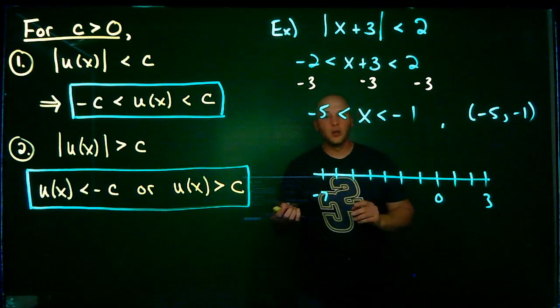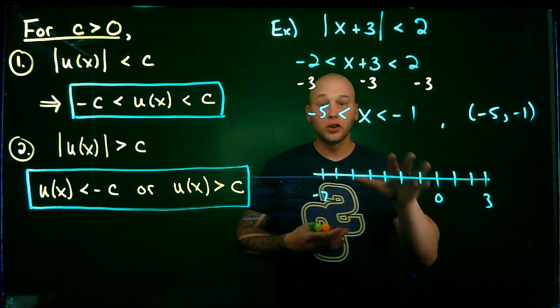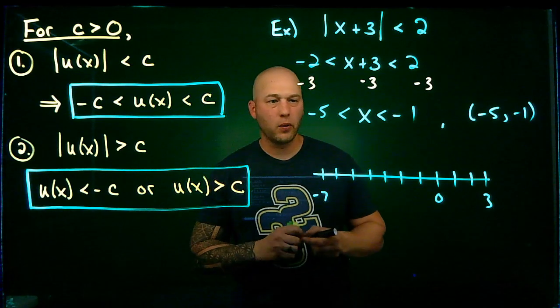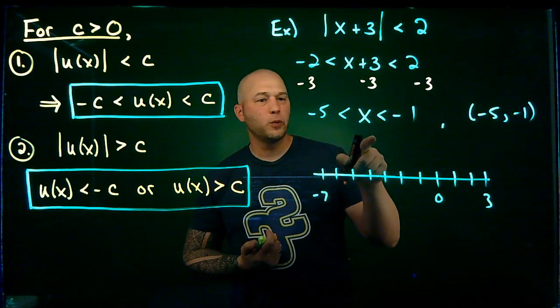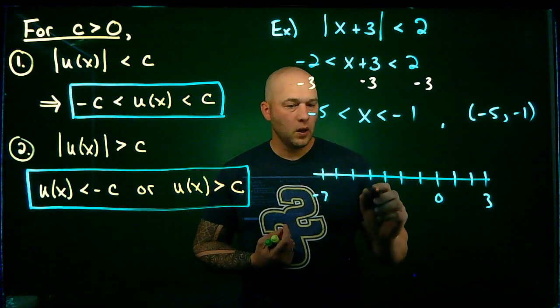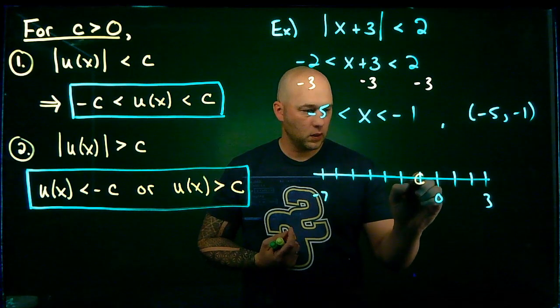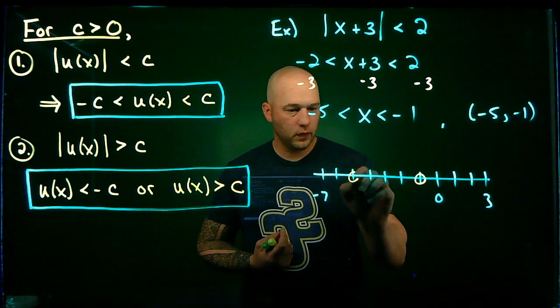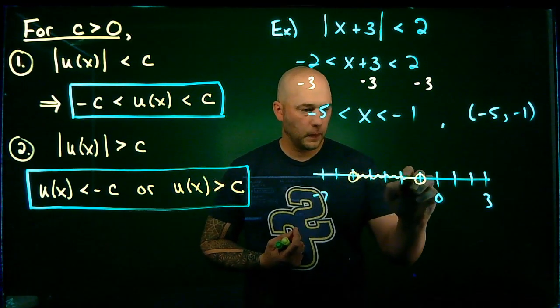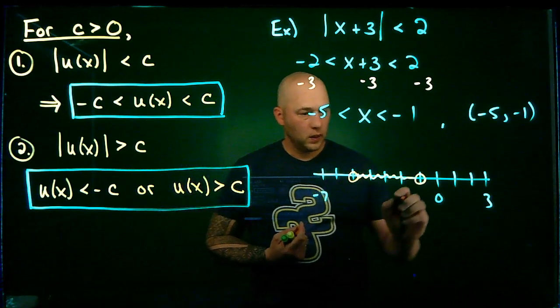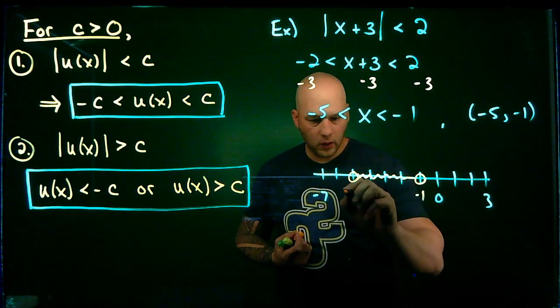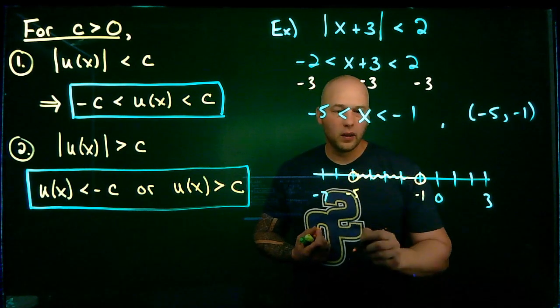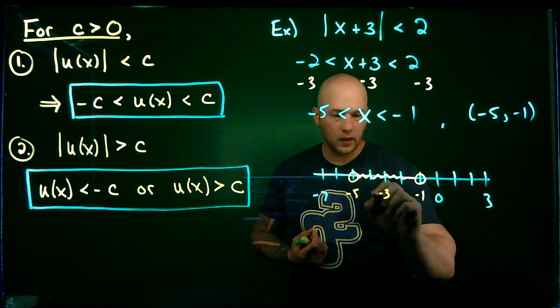Now let me highlight the solution set. So I'm going to do this one backwards. The solution set is the values between -5 and -1, so here's 1, 2, 3, 4, 5. Okay, now here's -1, here's -5. Let's look at the middle of that. Notice the middle is -3.